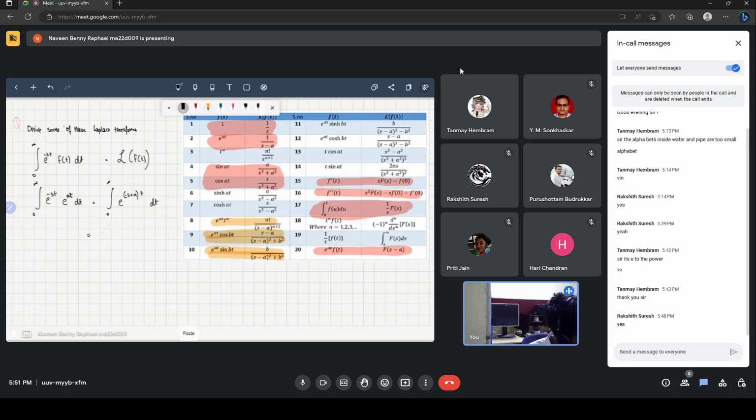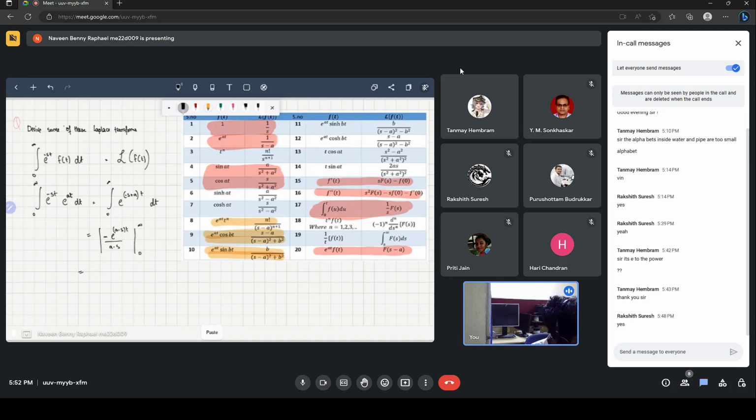The integral of this will be, and you're evaluating the integral from 0 to infinity, so at 0 the numerator is 1, and at infinity the numerator is 0, provided s is greater than a.